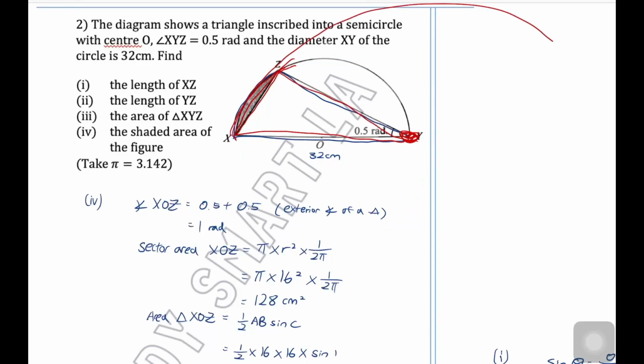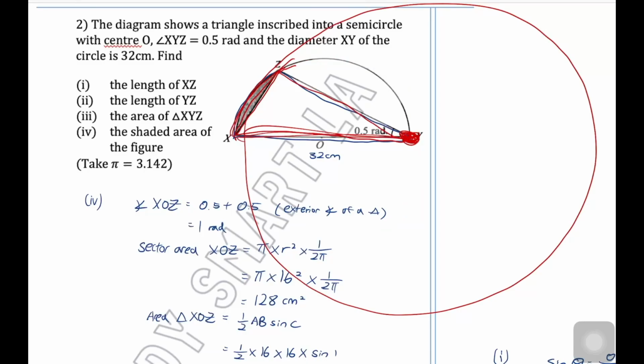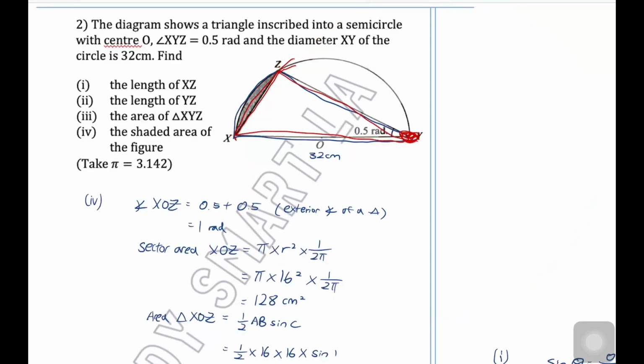Instead, you'll get something way bigger, where this is the center of the circle and this is the radius. Perhaps then it makes sense to find the sector area of XYZ. But if not, I want you to realize that this XYZ is not a sector in this semicircle over here, or even if you complete the circle.